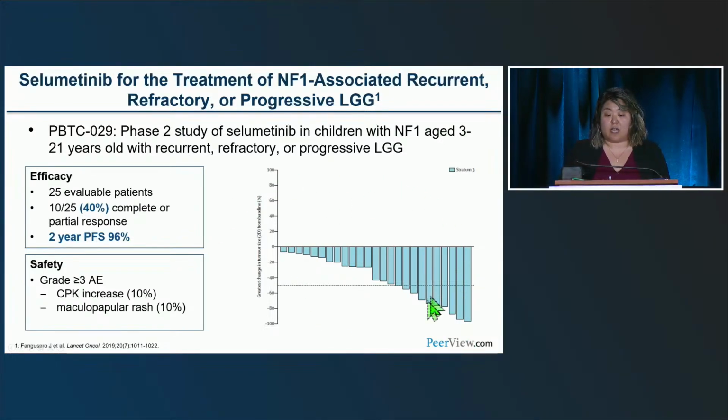And this is a waterfall graph from that paper where you can see in this setting that essentially everyone had either stable disease or response of their low-grade glioma. And very importantly, looking at the safety, there were low instances of grade 3 or higher adverse events.